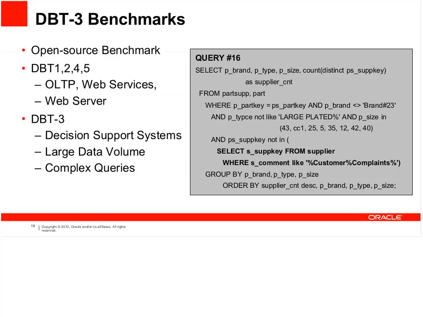Now the other benchmarks, MySQL has always historically done extremely well on those benchmarks. It's been for OLTP, web services, things that MySQL is just naturally good at. But the DBT3, that's one where we've struggled historically. So this was large data volumes, complex queries, and the benchmark is labeled for decision support systems.